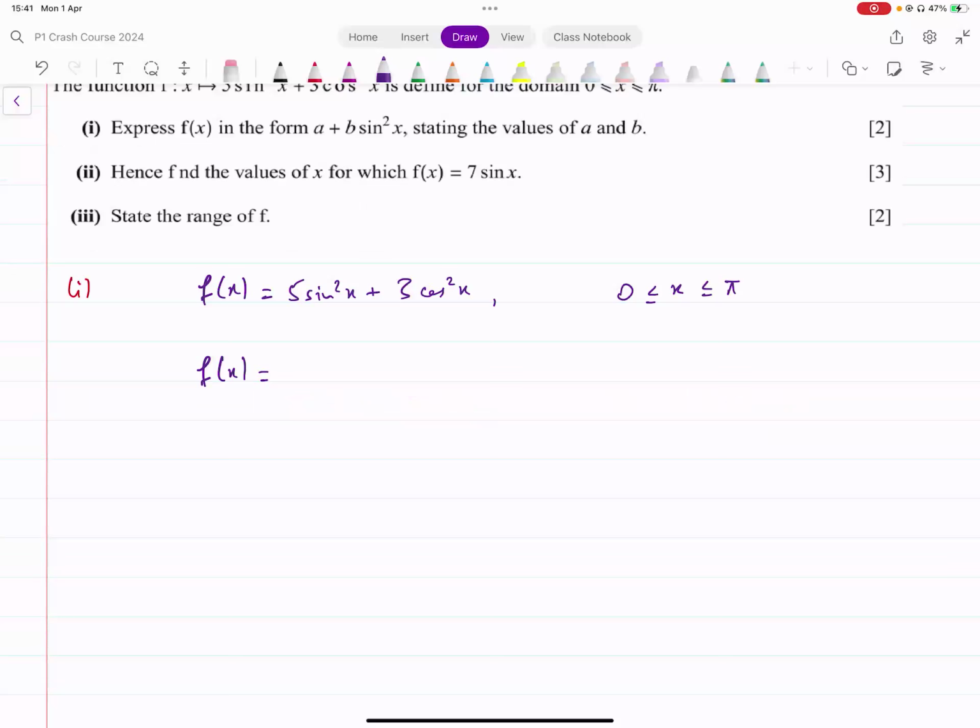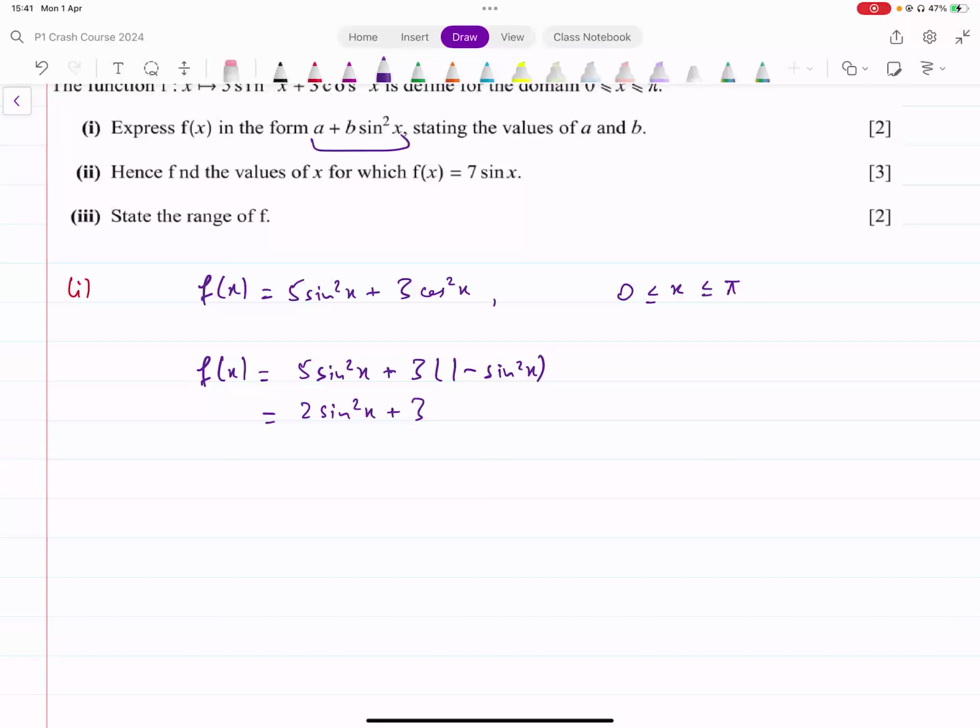So we have to convert it to sine square x form now. We have to get rid of cos square. So what does that become? 5 sine square x plus 3 into 1 minus sine square x. That's going to give you 5 sine square x minus 3 sine square x, which will be 2 sine square x plus 3. That's what you get from this. It says state the values of a and b.